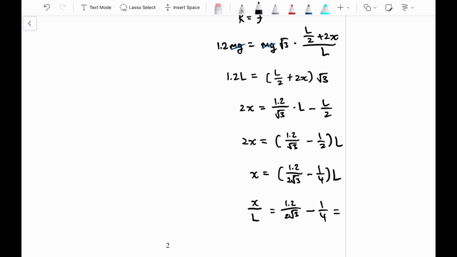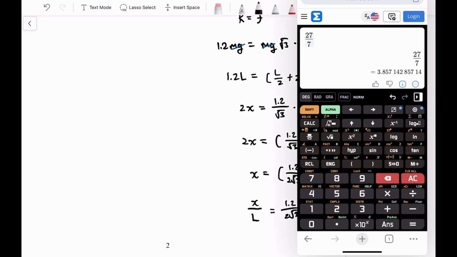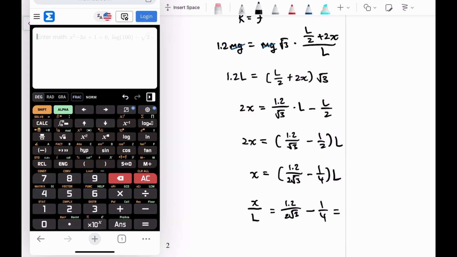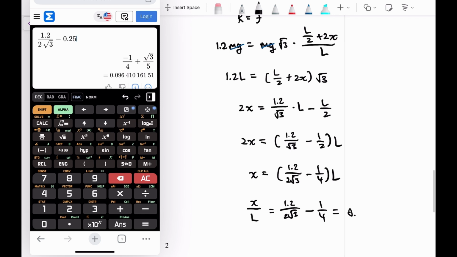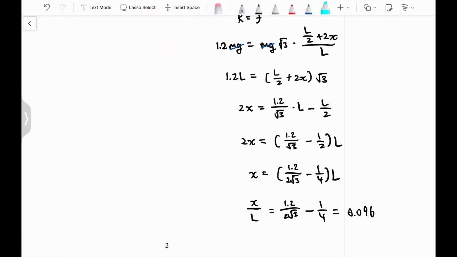We can resolve this now. 1.2 over 2 times square root of 3 minus a quarter is approximately 0.096, and this will be the answer to the second question.